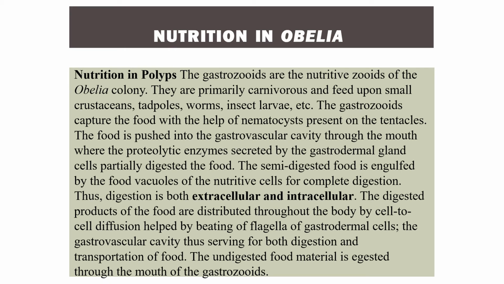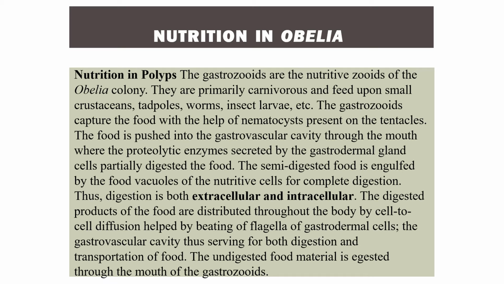Nutrition in Obelia. Nutrition in polyps: the gastrozoids are the nutritive zooids of the Obelia colony. They are primarily carnivorous and feed upon small crustaceans, tadpoles, worms, insect larvae, etc. The gastrozoids capture the food with the help of nematocysts present on the tentacles.